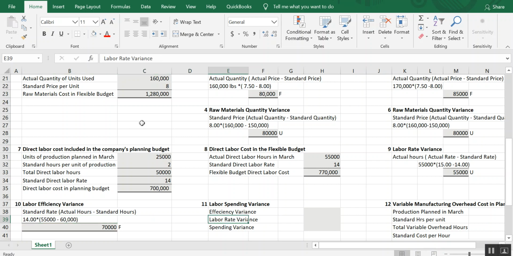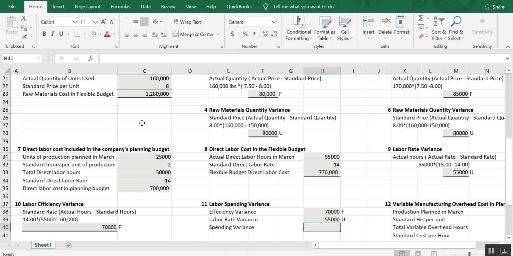Now, when we go to the labor spending variance, we're just going to take the difference between the efficiency variance and the labor rate variance. The difference between those two will give us the spending variance. So we take the $70,000 efficiency variance, which is favorable, and the labor rate variance of 55,000, which is unfavorable.